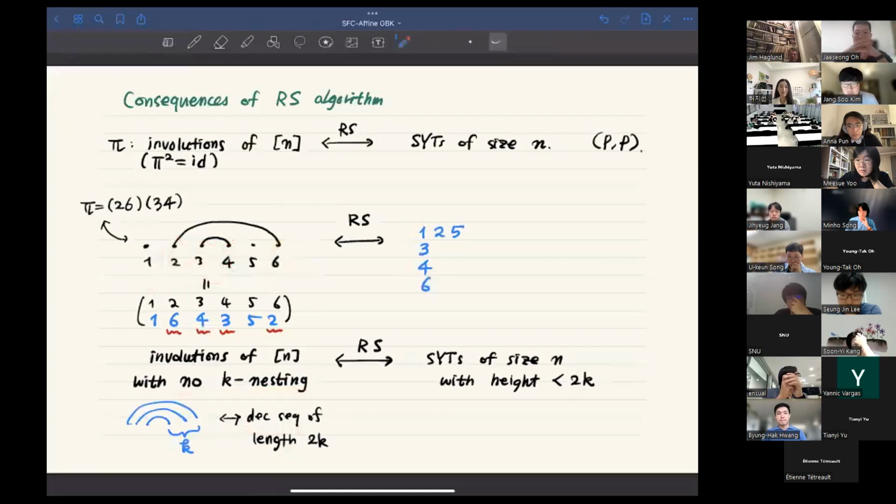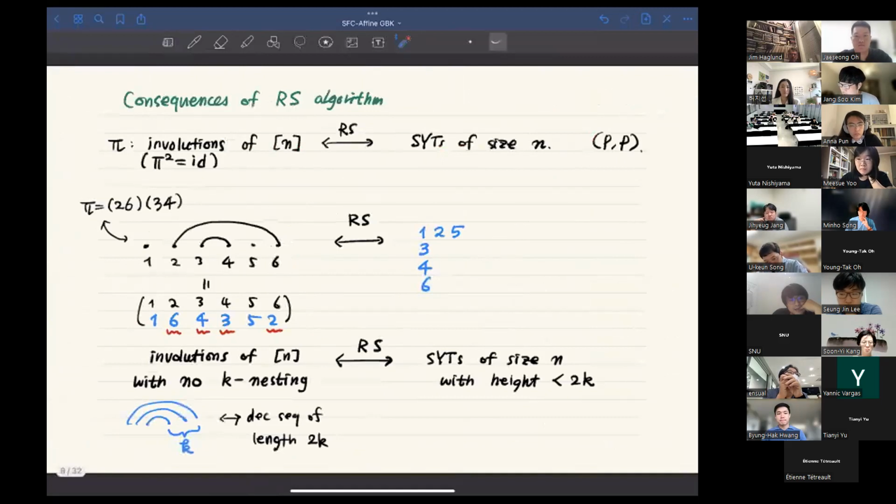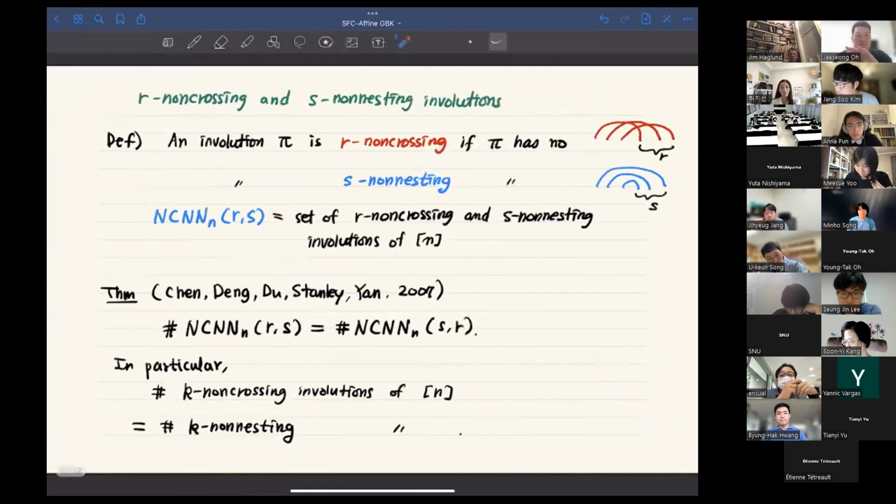And now, so this is one thing, but when we have nestings in a matching, the natural counterpart is crossing. So an involution or matching is, we say, R non-crossing if it has no R edges crossing each other like this.